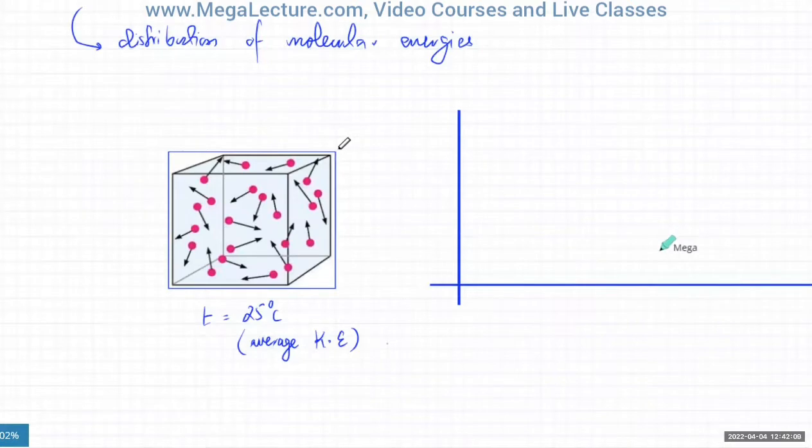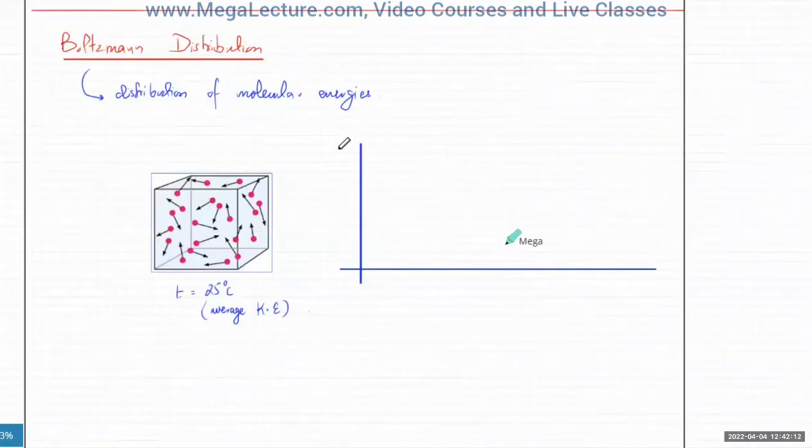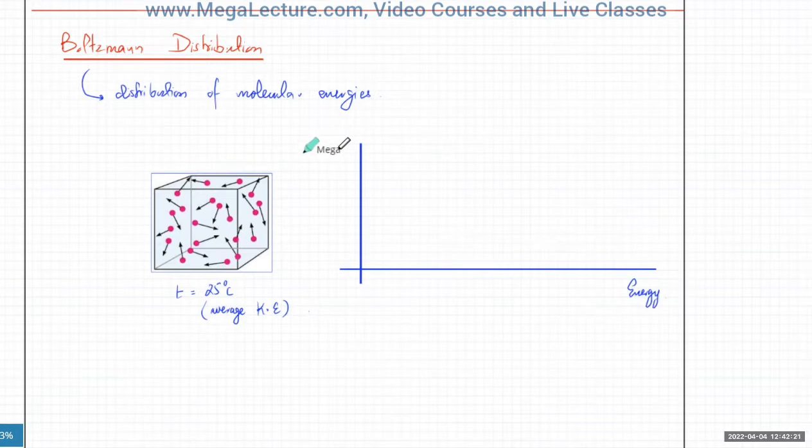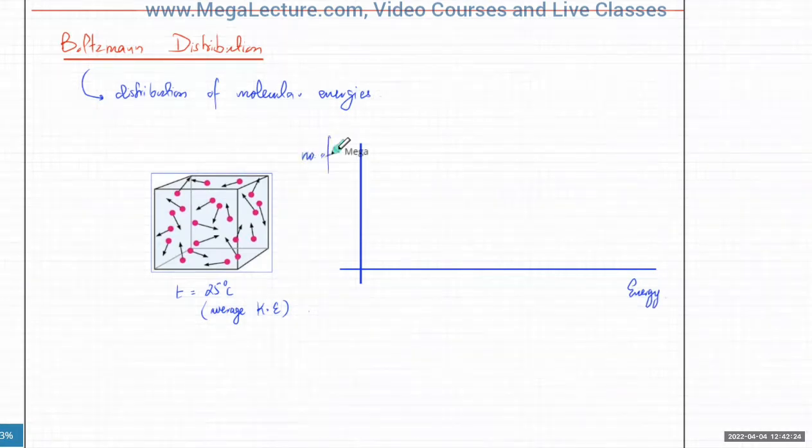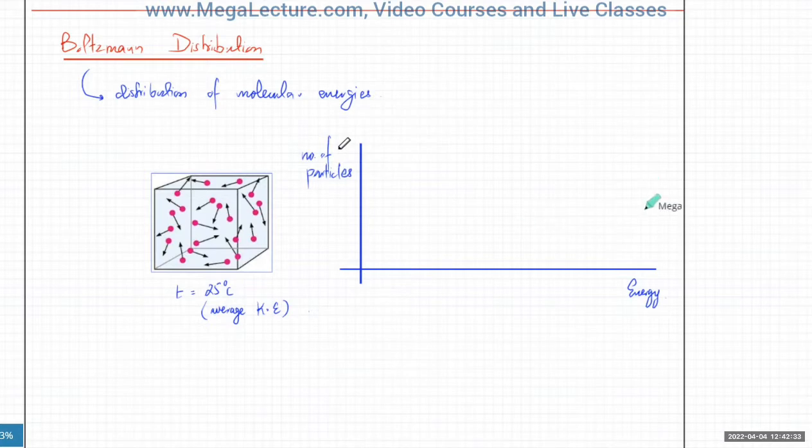So over here on one axis, you have your energies. That's your energy axis. And this other axis is the number of particles, or the proportion or percentage of particles, or the quantity of particles.